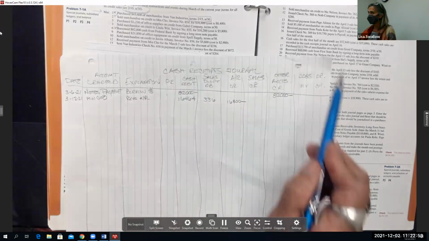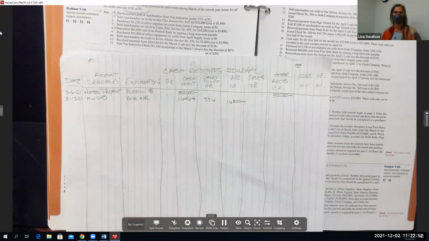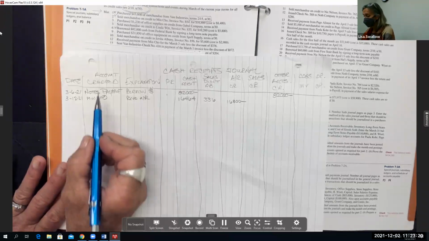Well, yeah, I'm going to total my columns, but on the 6th, which column did I use? Obviously, I used cash because I'm in the cash receipts, but what was my other column heading? Yeah, I used other accounts. Remember, we just did that in the purchases journal. So when you've got something under the other accounts column, what do you have to go do?